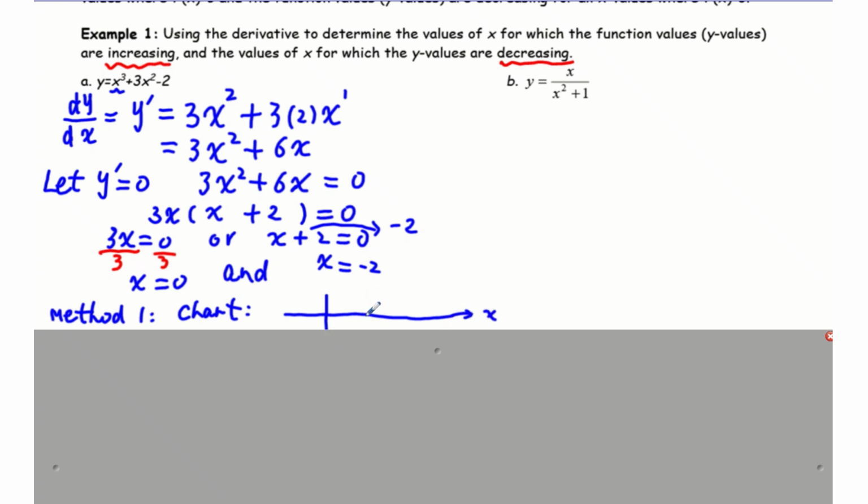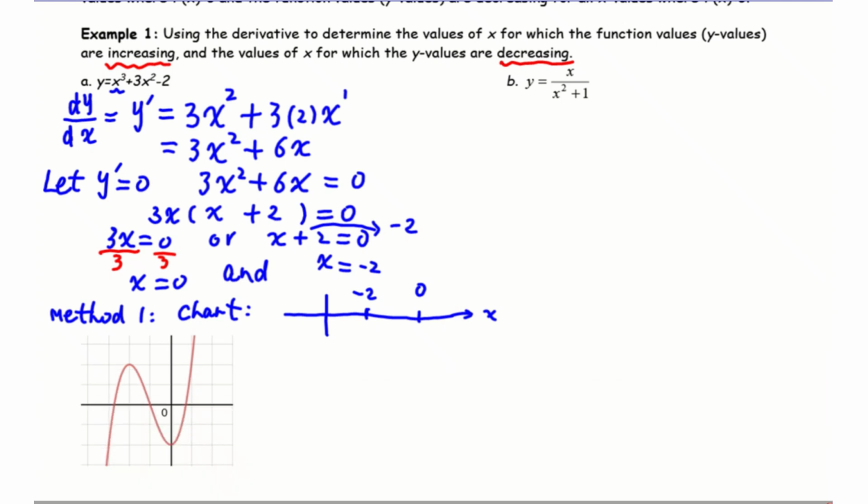So we put negative 2 here, this is one of our zeros, and we put 0 here, this is our other zero. Then for the column, we want to find whether y prime is positive or negative. For y prime, we have two factors, so we put the two factors here. 3x times x plus 2 will give you y prime.